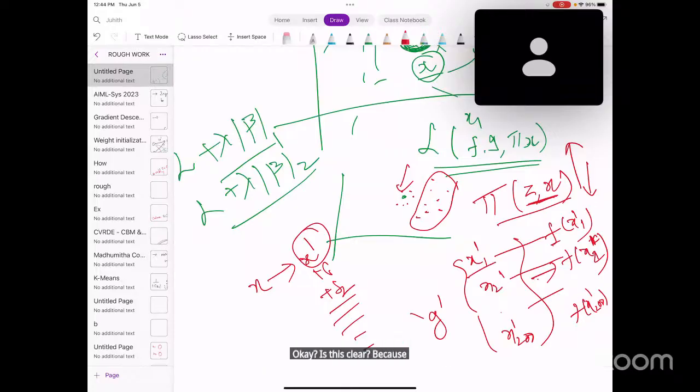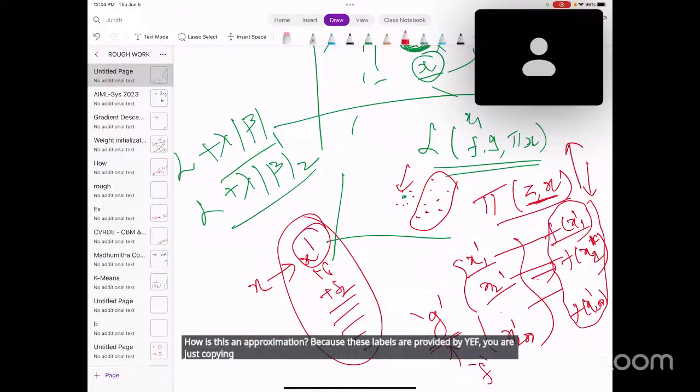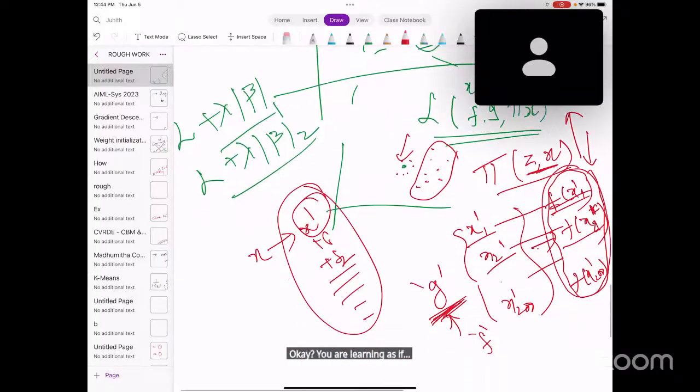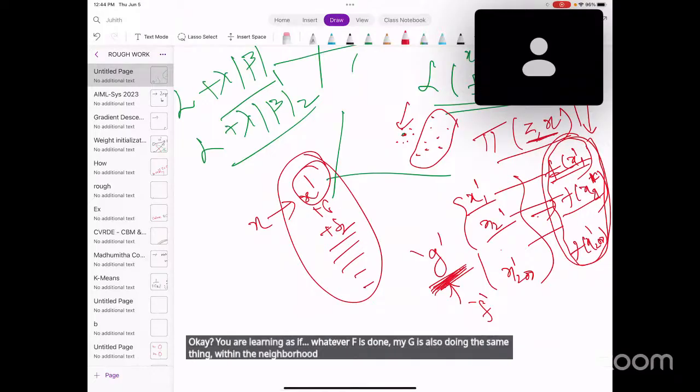Because you created the data set from the augmentations, now you can train G. How is this an approximation? Because these labels are provided by F, you are just copying F. Whatever F said, G is following. That means you are emulating F. You are learning as if whatever F has done, my G is also doing the same thing within the neighborhood of that X. That is very important.